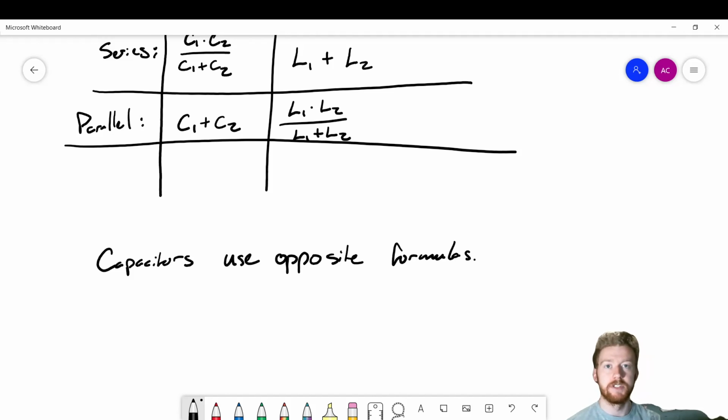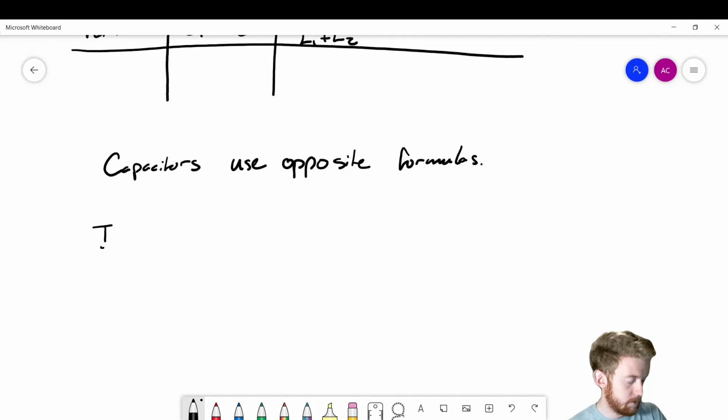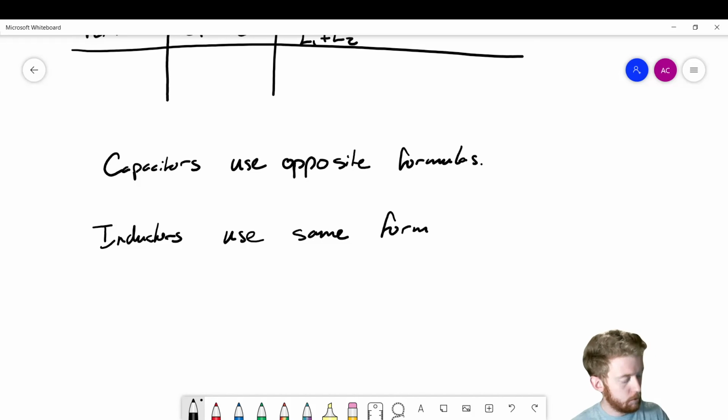If you have capacitors in series, you're going to use the opposite, which is resistors in parallel. Okay? And then inductors use the same formulas. So if you have two inductors in series, you're going to use the equation for two resistors in series. And the same thing, two inductors in parallel, you're going to be using the equation for two resistors in parallel.